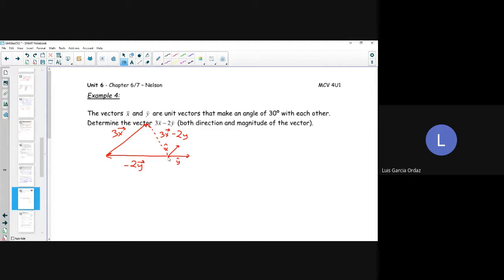(3x minus 2y). However, I know that my unit vectors make an angle of 30 degrees with each other. So if I were to extend this over here, these unit vectors make an angle of 30 degrees, which means this guy over here, we follow the Z pattern, makes 30 degrees as well.